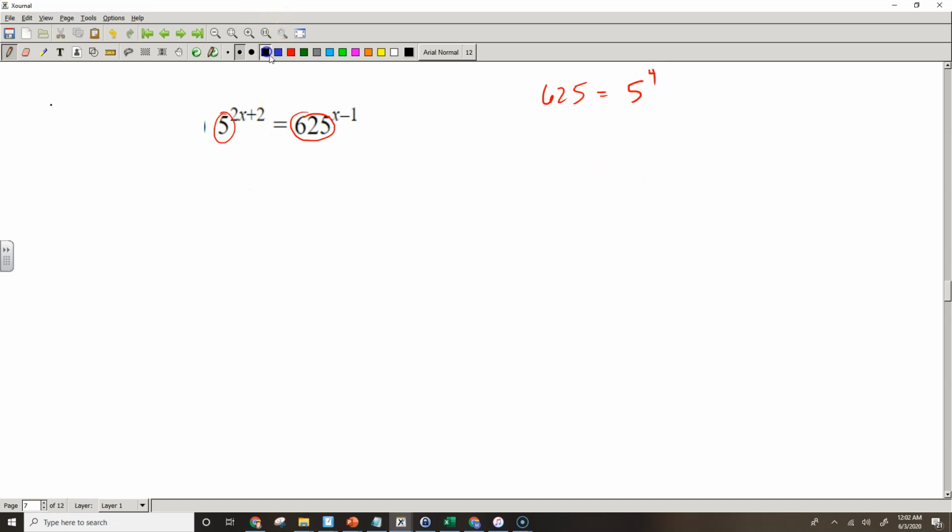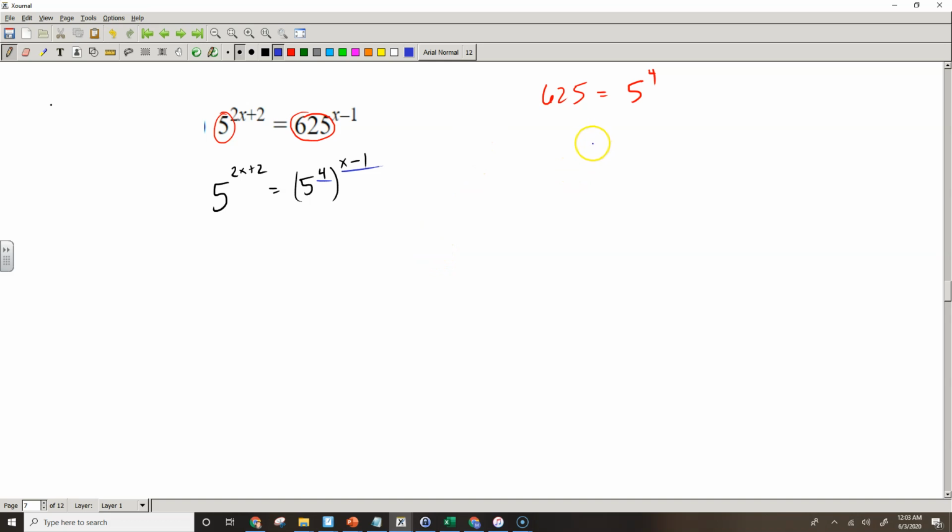So I'm going to make that substitution and say 5 to the 2x plus 2 is equal to 5 to the 4th raised to the x minus 1. Now I'm going to clean up the right hand side, because now I have an exponent of 4 that's raised to another exponent of x minus 1.